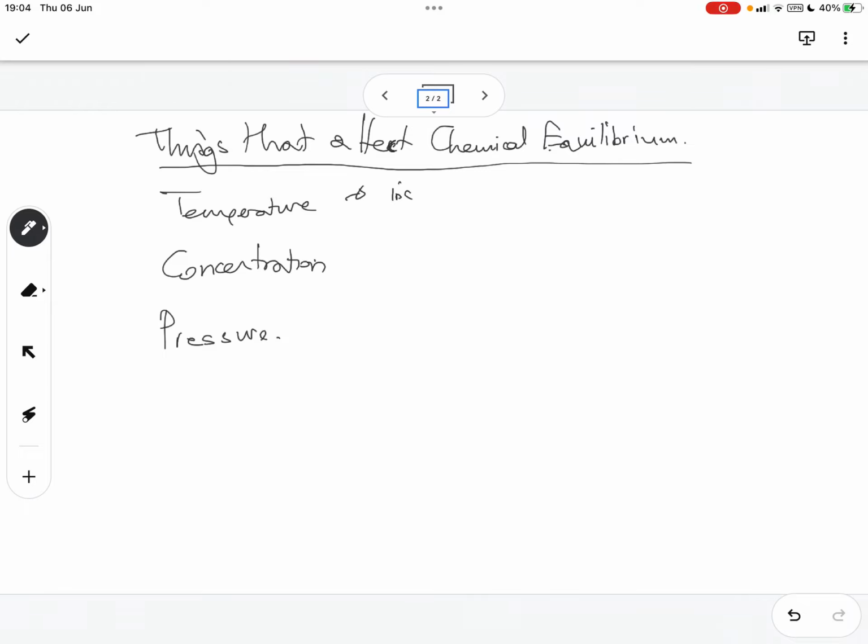So a rise or decrease of temperature can affect equilibrium. So an increase or decrease of temperature can shift the balance.